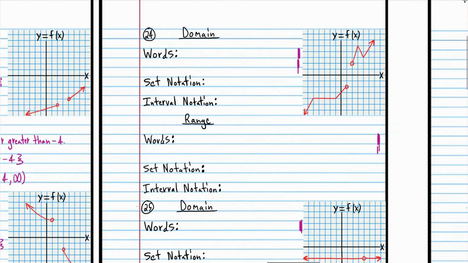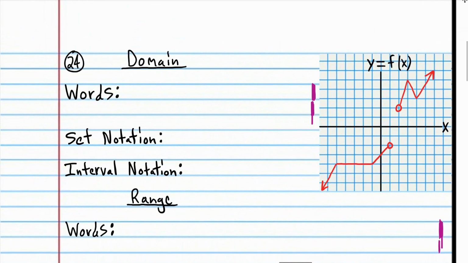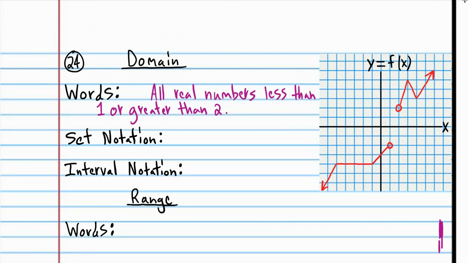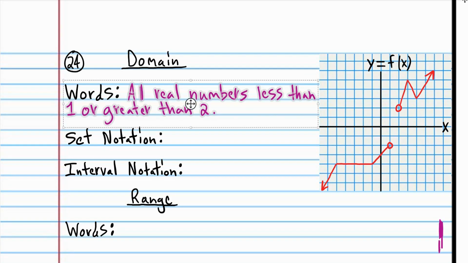All right, we're back. The domain is all real numbers less than 1 or greater than 2. It's the set of all x values such that x is less than 1 or x is greater than 2.